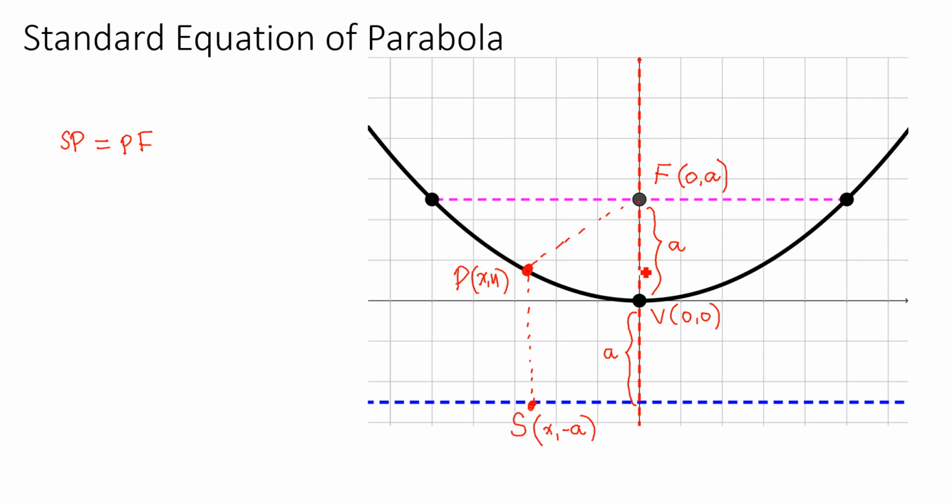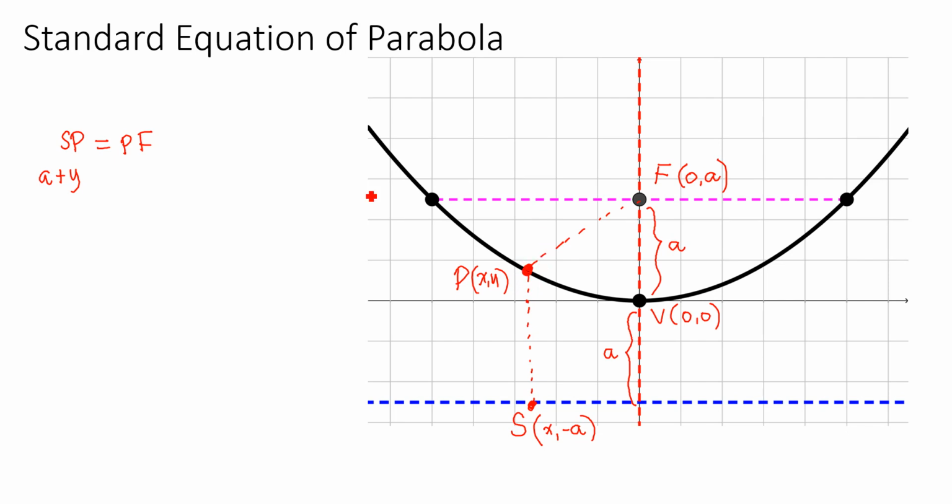Therefore, the length of SP is equal to A plus y. These are perpendicular lines, so from the vertex to this point is A, and from this point to this point is y. That's why SP is equal to A plus y.